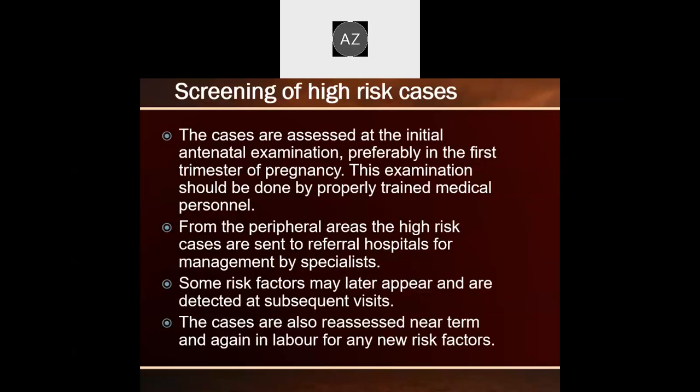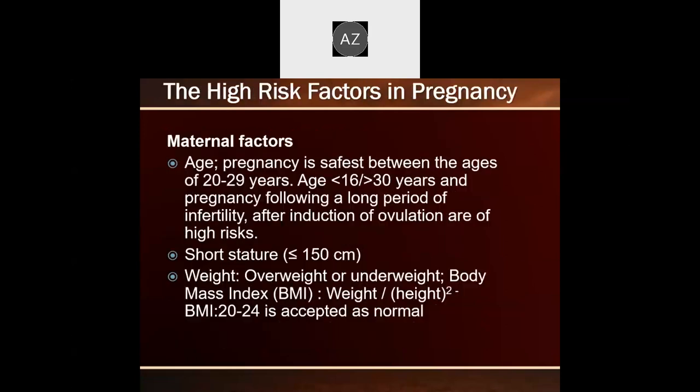Now, when you screen, you can use examination, you can use history taking, you can also look at the most important thing in clinical methods. So these risk factors, the factors surrounding the mother in pregnancy, we have divided them into maternal, those from the medical history, those that are intra-labor, and those which are post labor.